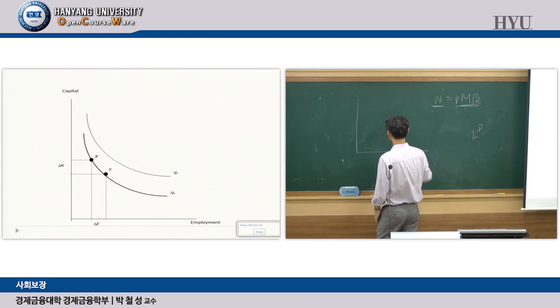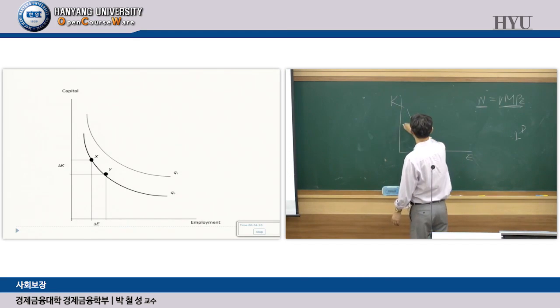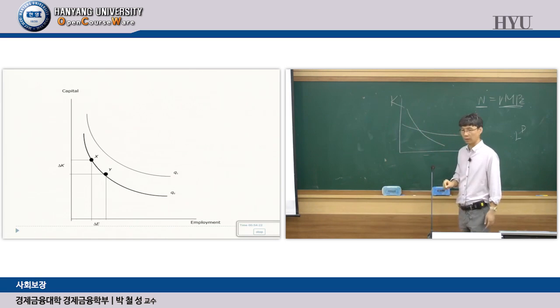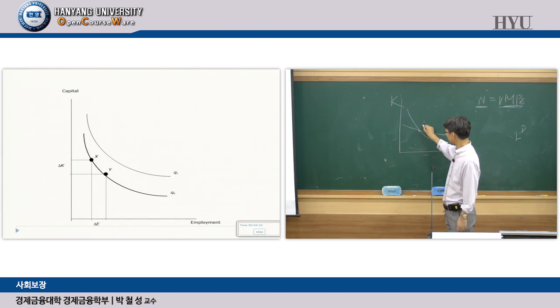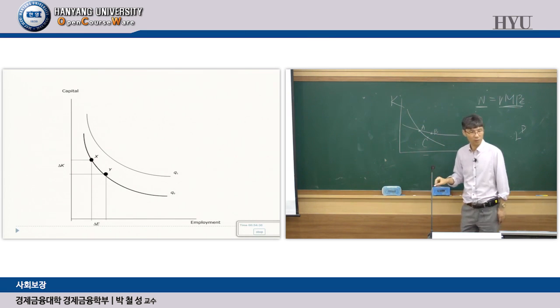E and K, right? If it's intercept, that doesn't make much sense. Why? Because if A and B are on the same isoquant curve, A and B have the same output.